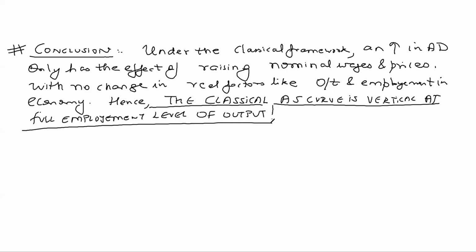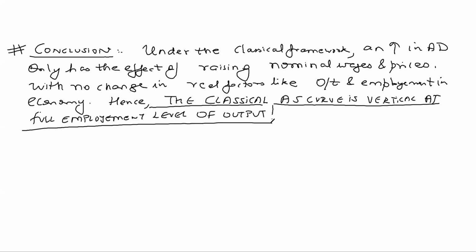So in the short run, output will go above the full employment level. But gradually with time, in the long run, the workers will realize that, okay, we are getting higher nominal wages, but prices have also gone up. That means our real wages have gone down. That means they will reduce their supply of labor in the long run, which will cause the output to go back to the full employment level in the long run, not in the short run.